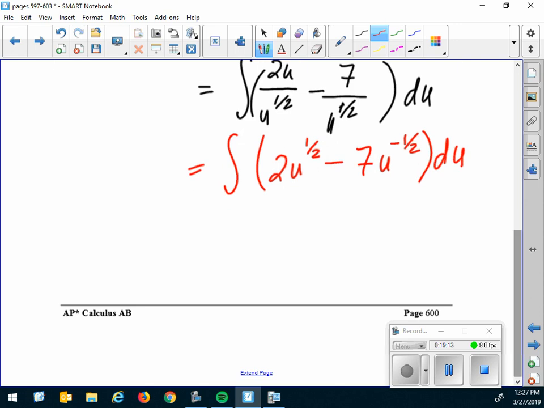All right, let's integrate. I don't want the symbol anymore. What's the integral or antiderivative of 2u to the 1/2?